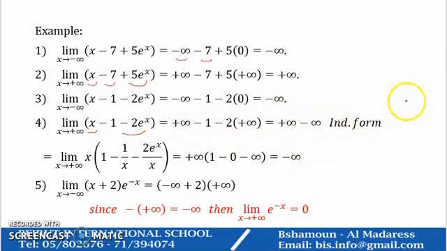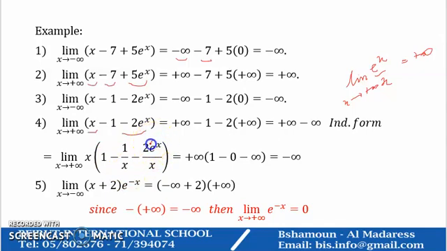What can I do? I remember that when x tends to plus infinity, I have limit of e^x over x when x tends to plus infinity equal plus infinity. So here I'm going to use it here. I take x in common here. I have here x times (1 minus 1 over x minus 2e^x over x).